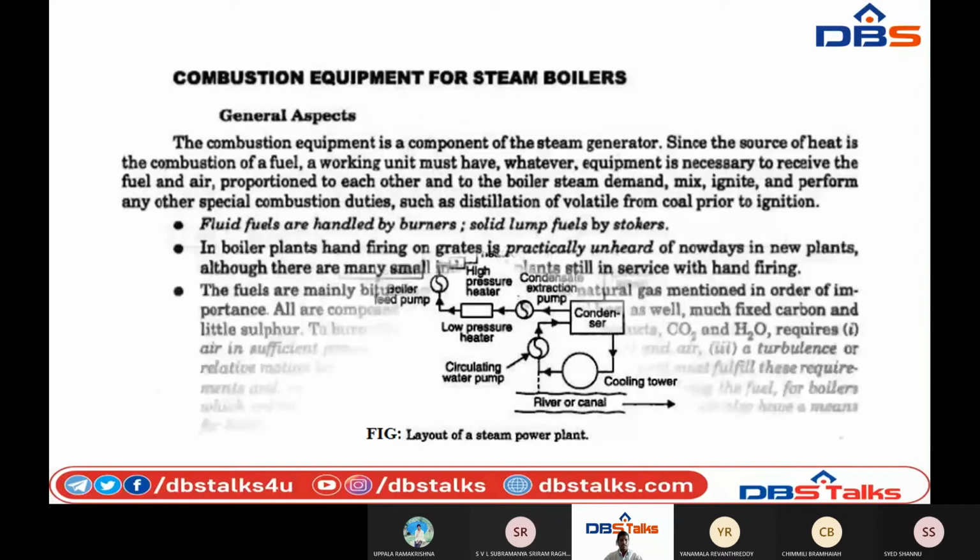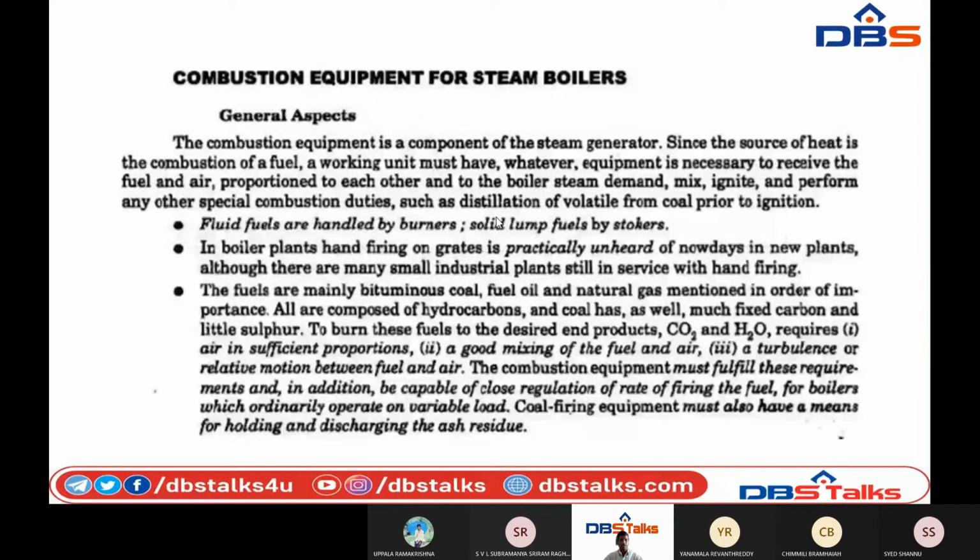Today in this class, we are going with combustion equipment for steam boilers. First of all, what is combustion? We already know that combustion takes place by using certain fuels. In automobile vehicles, we use diesel or petrol; in diesel engines we use fuel injectors, and in petrol engines we use spark plugs. In power plants, we use equipment for combustion.